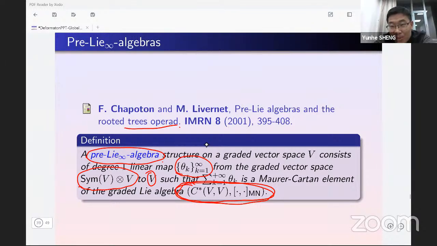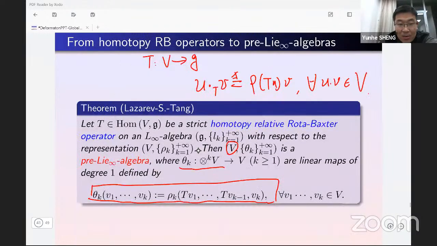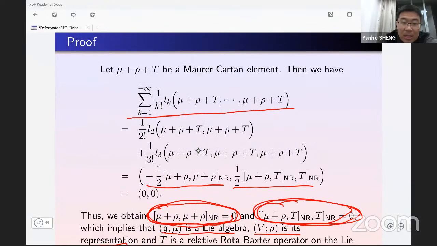There are some technical tools to deal with this problem, but for our concrete case, there's no problem, because at the end of the talk, you can see that if we compute the Maurer-Cartan equation, there are only two terms actually. Yes, I saw that, because from the very beginning, your structure consists of these three components satisfying finitely many algebraic equations.